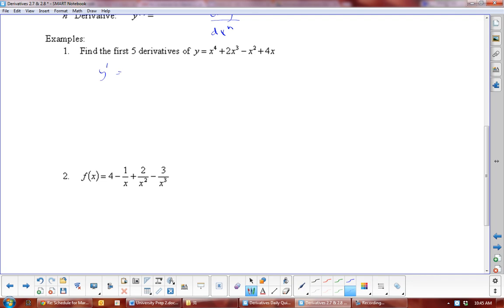So y prime. Okay, let's go quick on this one. What would be the derivative of this? Six x squared minus 2x plus 4. Okay, so y double prime is, we get 12x squared plus 12x minus 2.